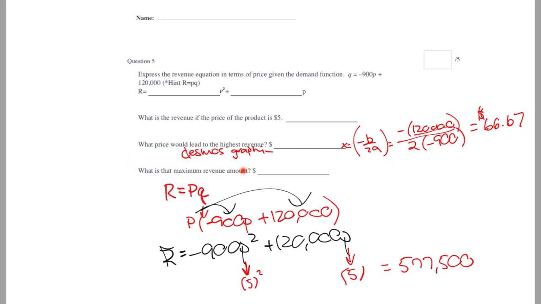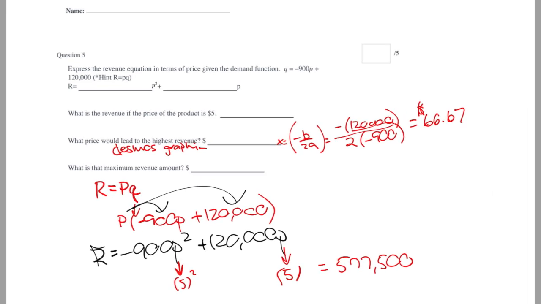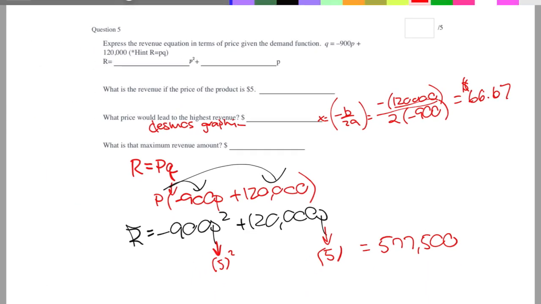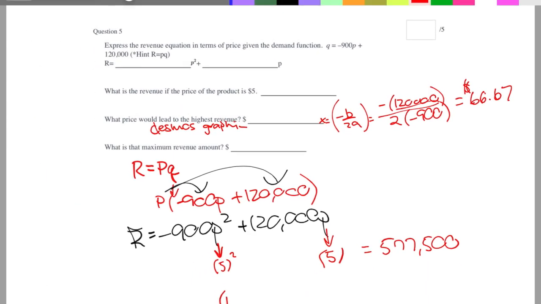What is the max revenue at this point? The max revenue at this point, meaning we just plug in $66.67 right here and right here. We go into the calculator, negative 900 times 66.67 squared plus 120,000 times 66.67.